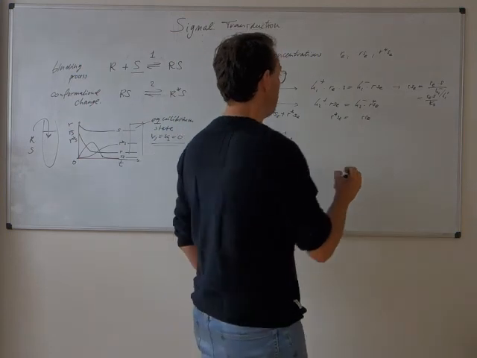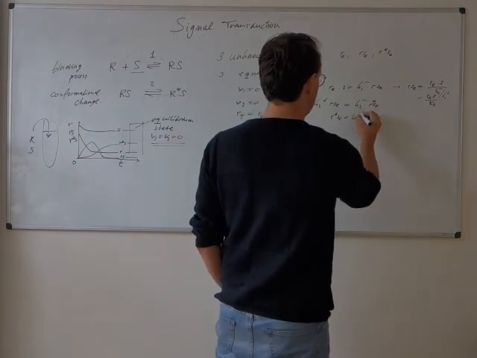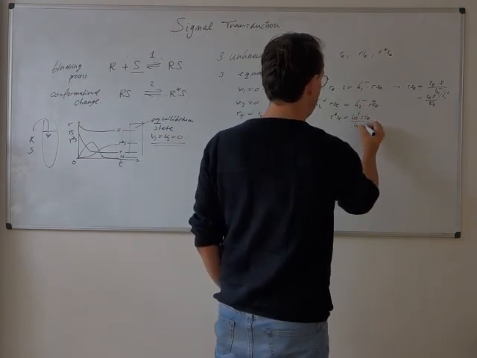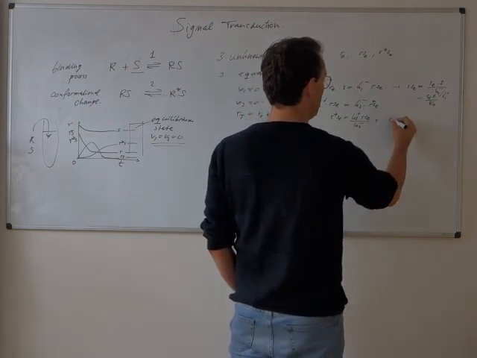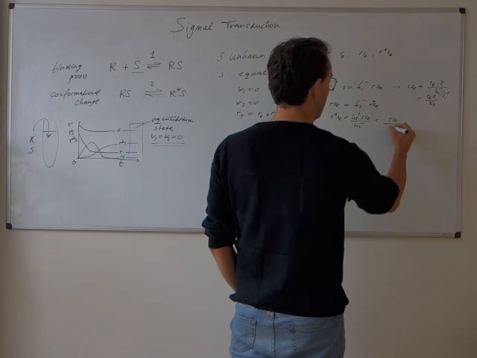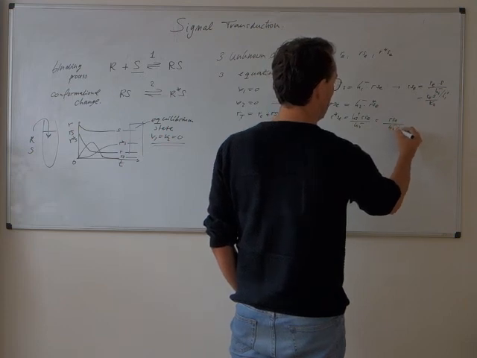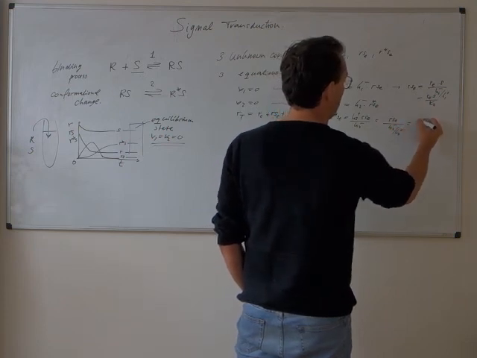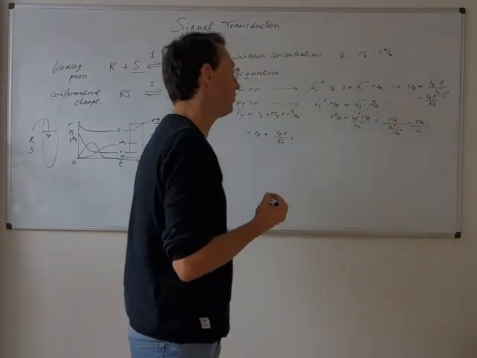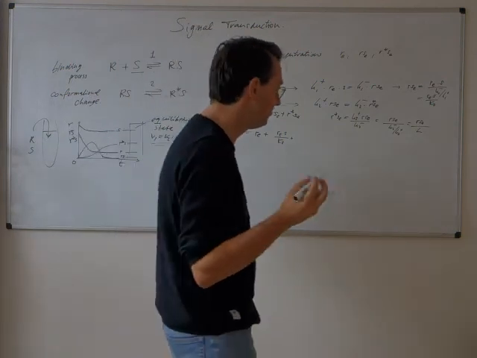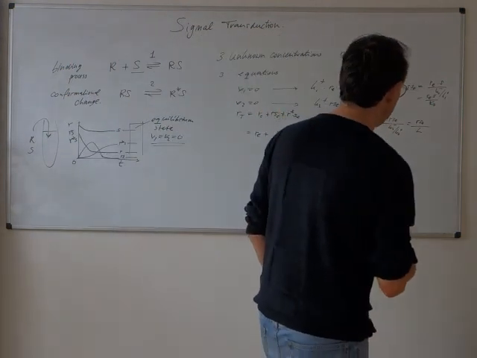And how does that go? So that is K2 plus over K2 minus, and again, we can associate an equilibrium constant to it, and this equilibrium constant we're going to call L. That is typically done in the field.